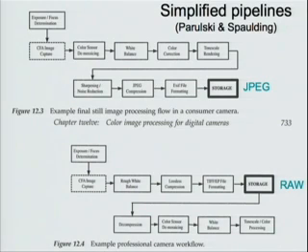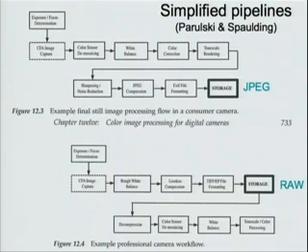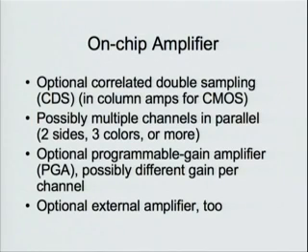But in terms of what the processing is to make a picture, it's more or less equivalent in the two cases. There are a lot of optional steps, and the number of steps in a typical pipeline is actually greater than what you see here, and the professional cameras are likely to have more steps than the consumer cameras. So we'll get into what some of those other steps are.